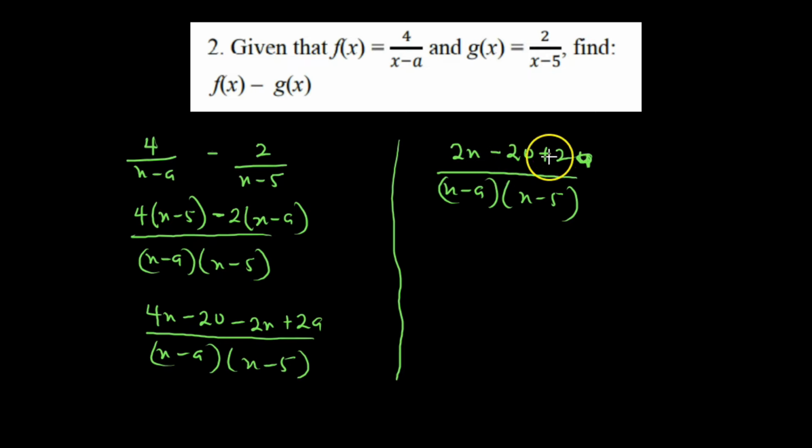Yes, we can factorize out 2 for the numerator, but if we do so, it doesn't have any effect on that of the denominator. So we can't go any further than to leave the answer as 2x minus 20 plus 2a, all over x minus a multiplying x minus 5. So that is where we can leave the answer.